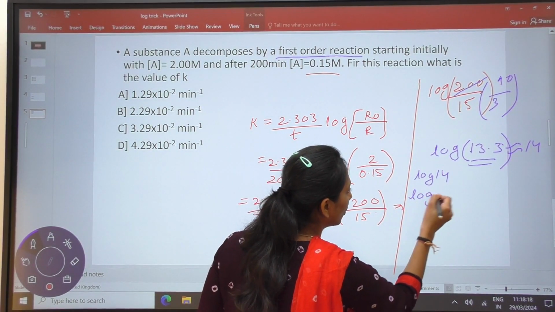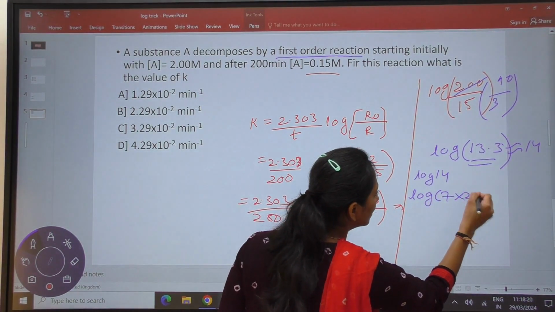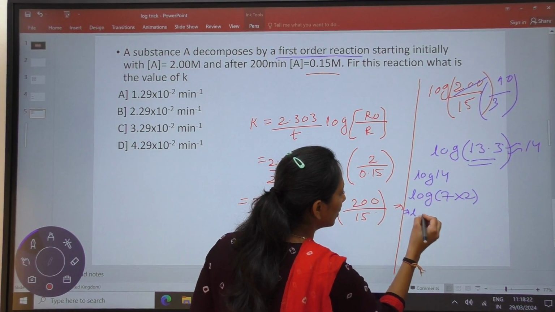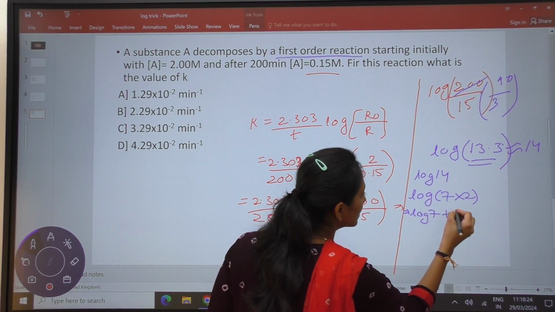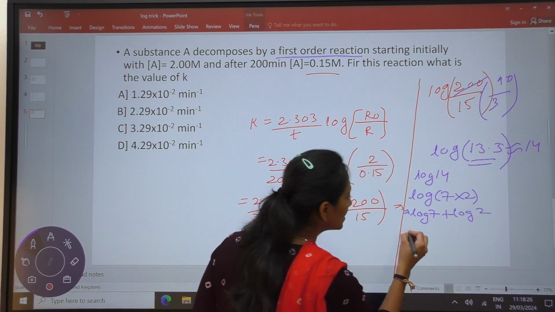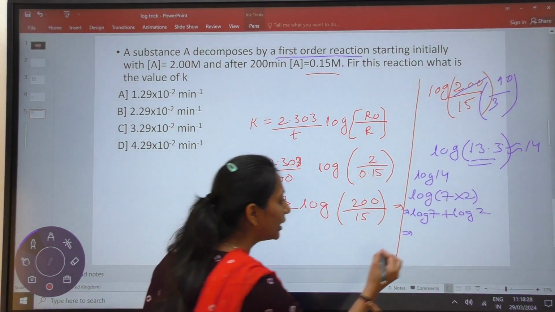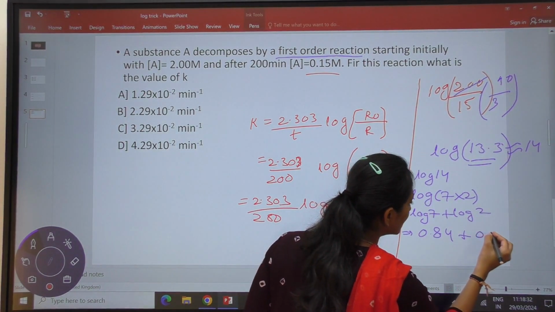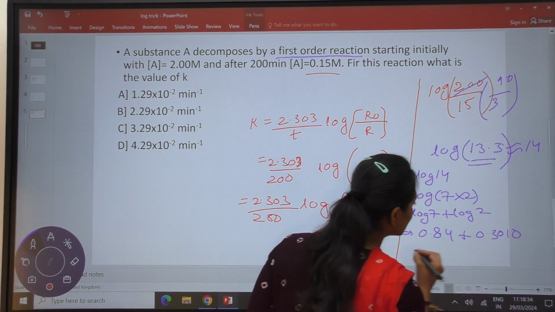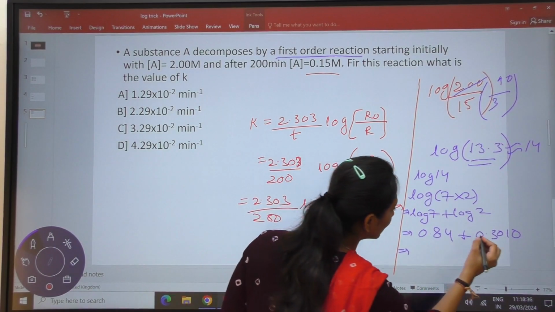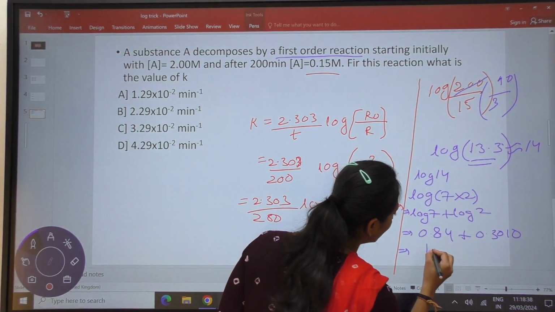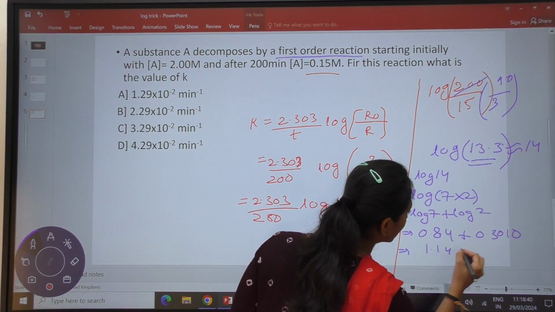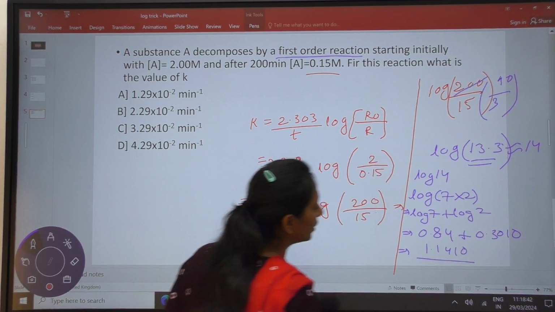Can we write log 7 into 2, which can be written as log 7 plus log 2. What is the value of log 7? 0.84. Yes, correct. It is 0.84 plus log 2, 0.3010. What will be the value? You will have 1.1410. This is the value of your log.